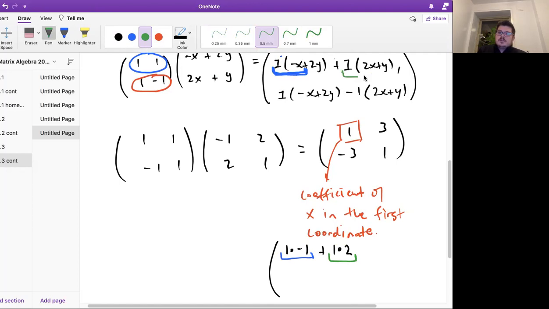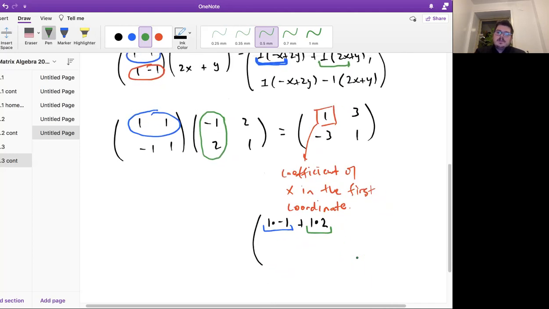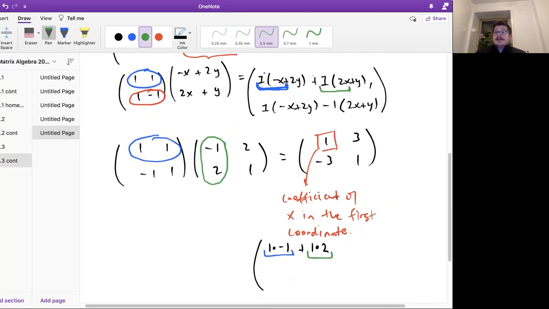You can see kind of what we're doing. We're doing the composition, kind of forgetting about x and y, and just looking at the coefficients. So we have our 1 1 in our first row in our first matrix, and we're looking at the coefficients of the first variable, and that first variable comes from the first column in our second matrix. So that's the idea.